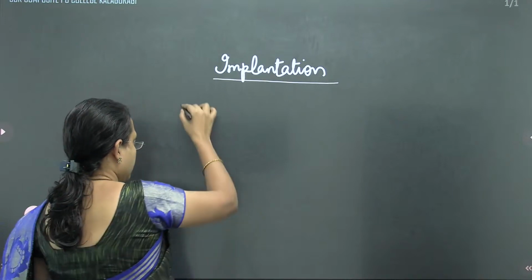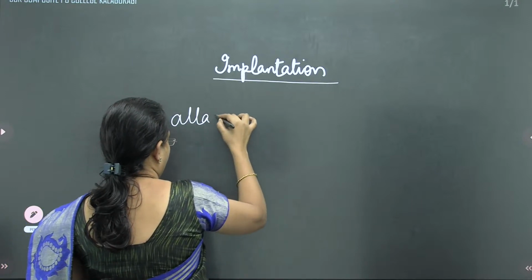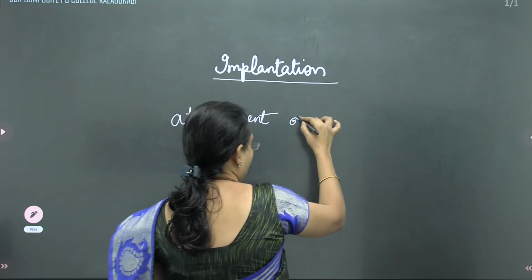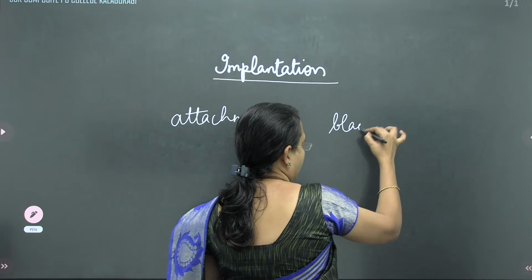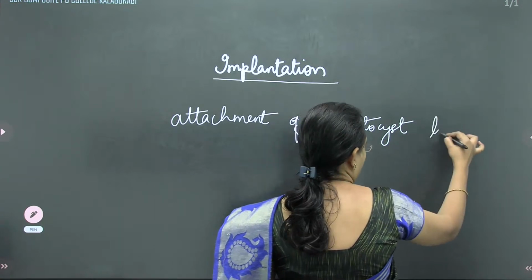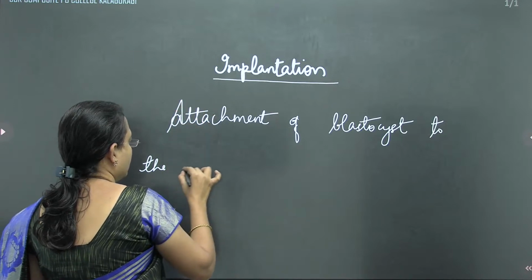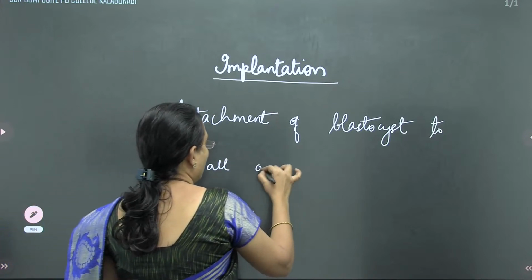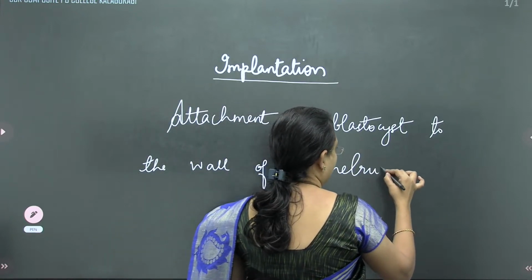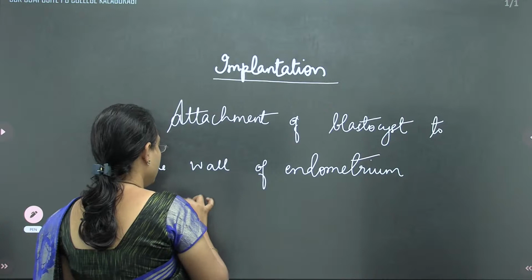Attachment of blastocyst to the wall of endometrium is called implantation.